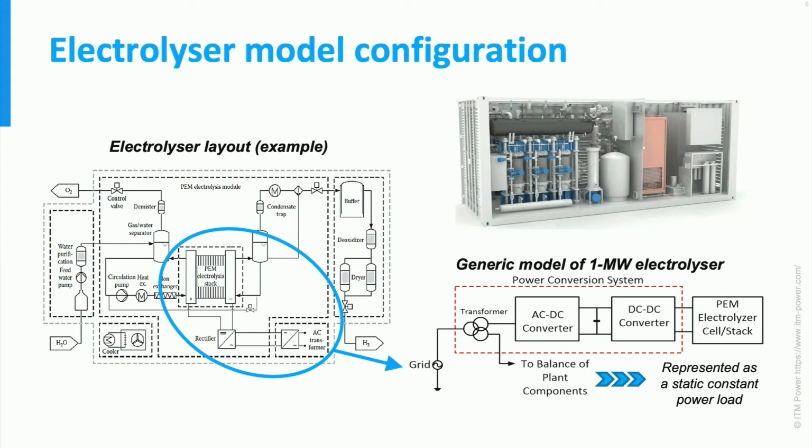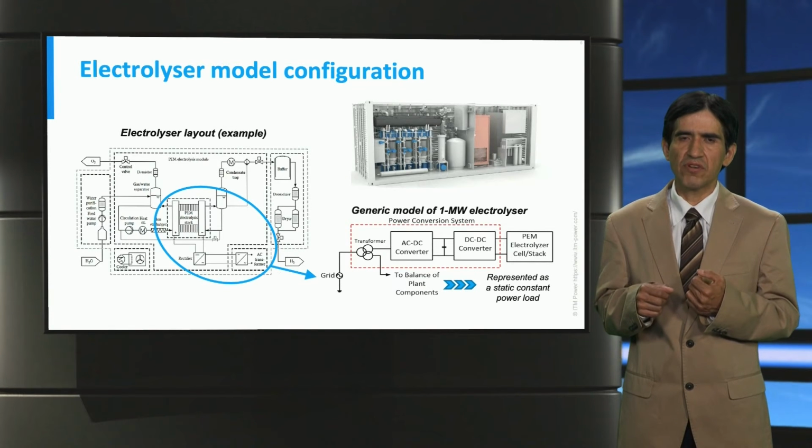From this model, we can then build the necessary representations on top of it for a simulation and the analysis of power system stability. The usual practice is to connect such a model to AC systems using an AC-DC converter. On the other hand, electrolyzers also have DC-DC converters that are used to regulate the amount of current that is needed for the production of hydrogen.